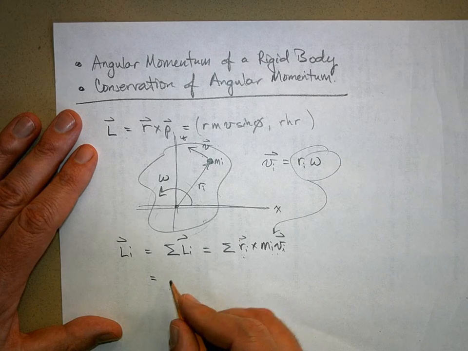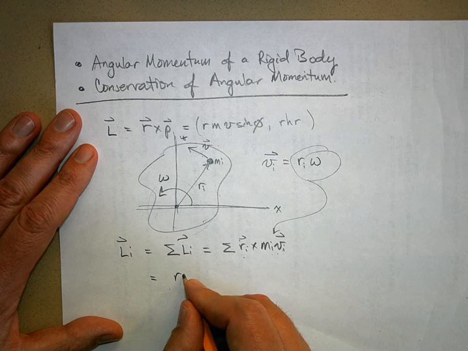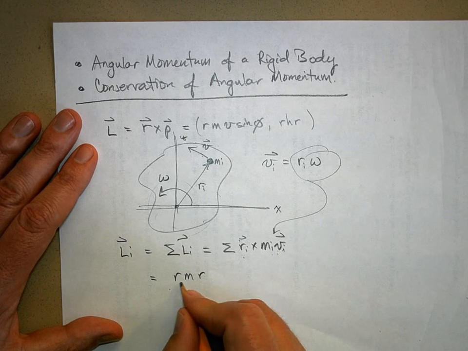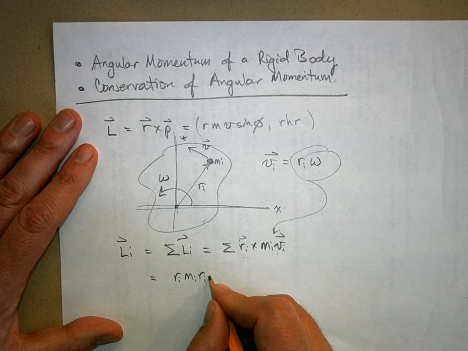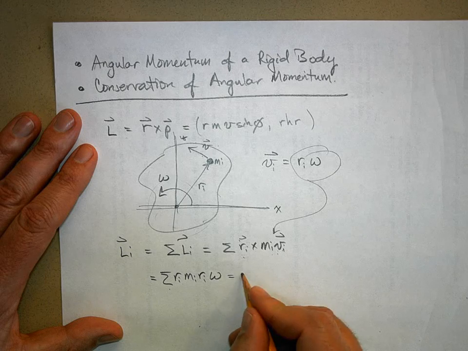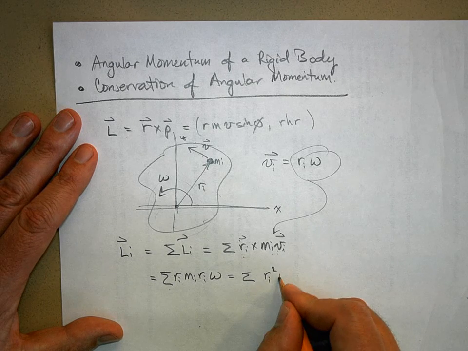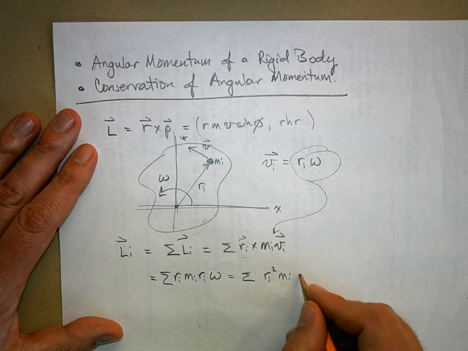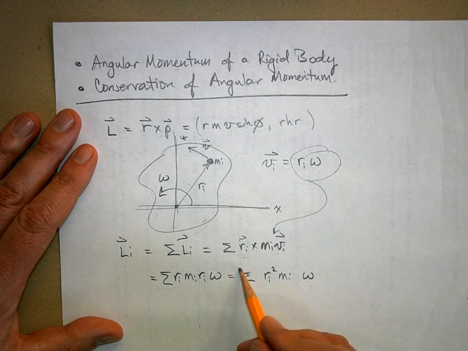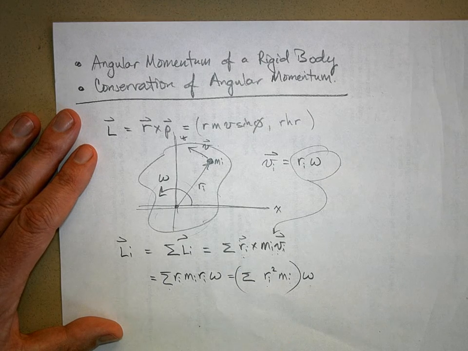And so I can say that this is equal to r m v, and v is r omega. Well, what is this? If I sum these up, this is r squared m omega. And omega doesn't need to be in the summation. I can factor it out. And look what I've got here. I've got the summation of r_i squared m_i.